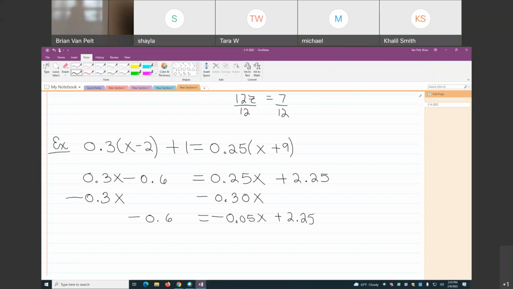Technically, you're doing 0.3 minus 0.25. Don't you put a 0 here to make that happen? Borrow. So, like I said, I knew exactly where the error was going to happen.